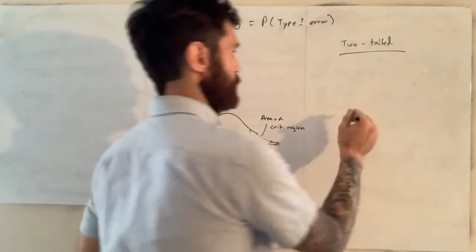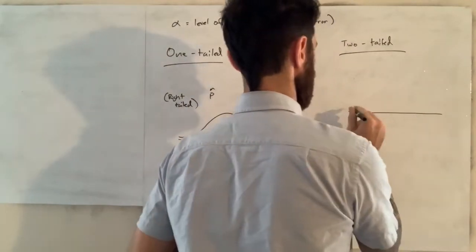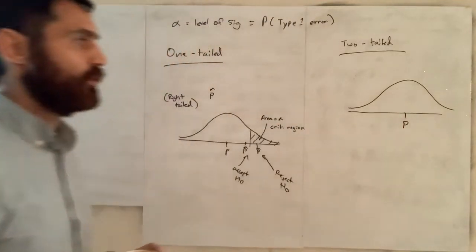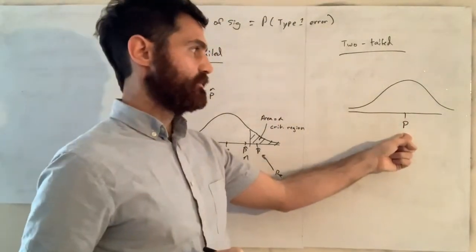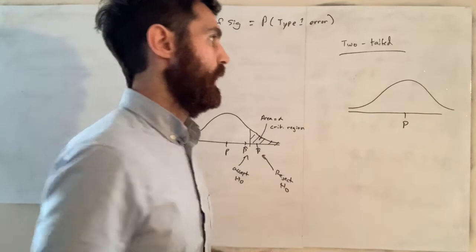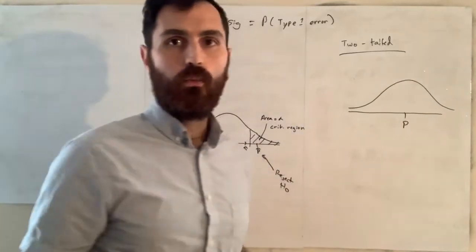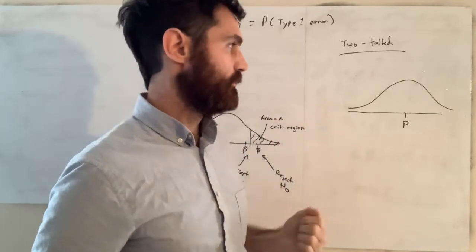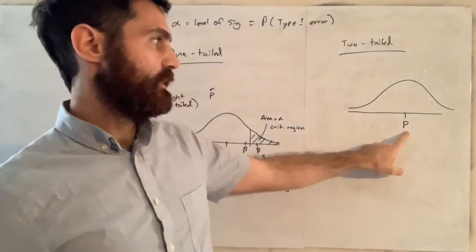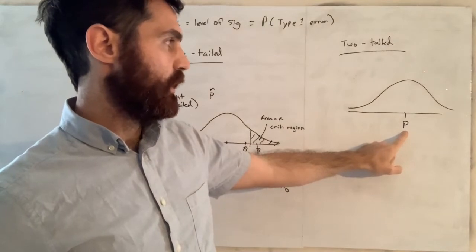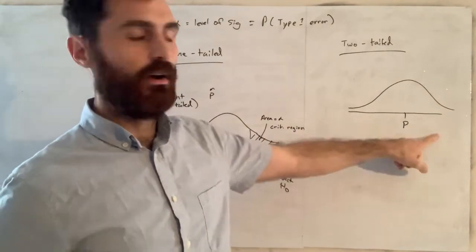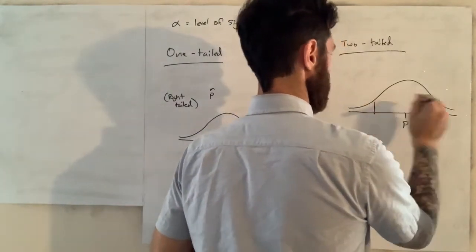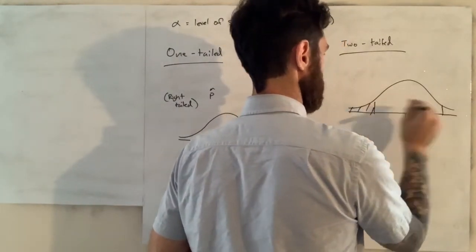And the two-tailed setup is, again, you have your p there. This stems from the null hypothesis. And the idea is that the alternative hypothesis is proposing that the new parameter is possibly on either side. So how you set that up is your critical region is going to be on both sides.